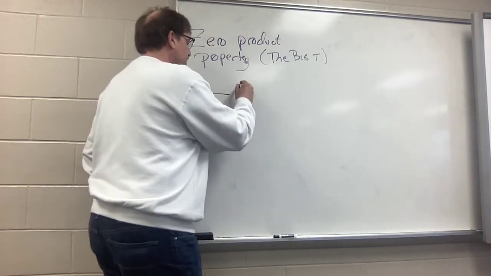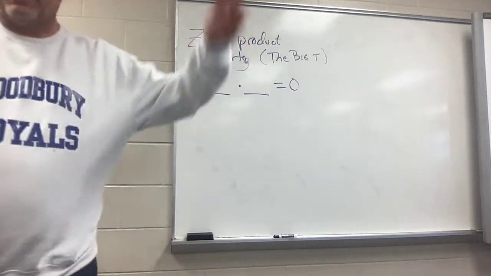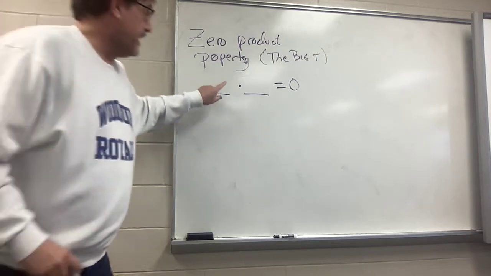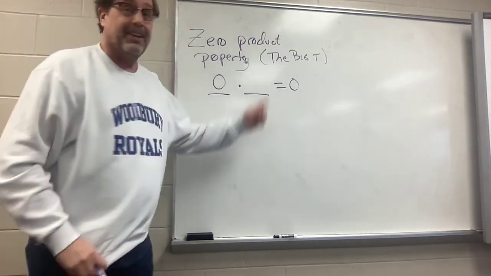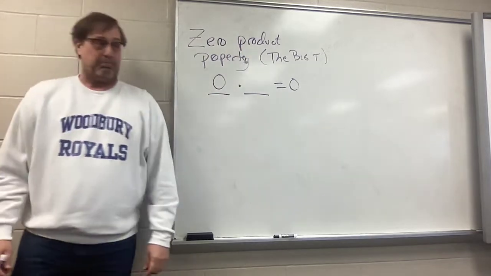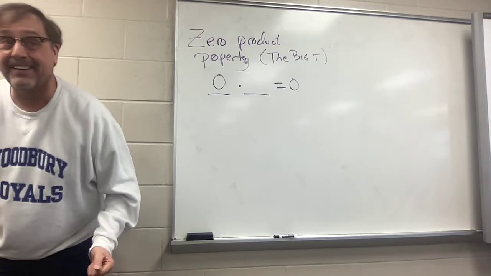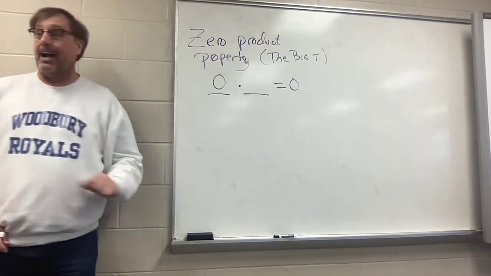But if this says equals 0, and by the way, those of you who've got an attitude, this is great for you. If you're taking 0 times something, you know what the correct answer is? I don't care. If you don't care, you're right. Could that be 7? Could that be 28?